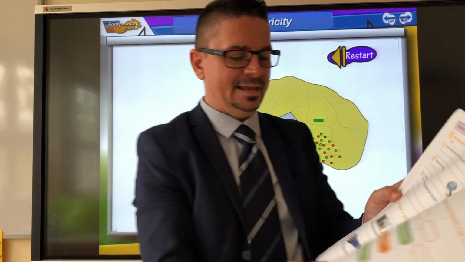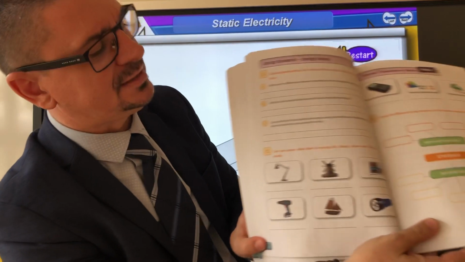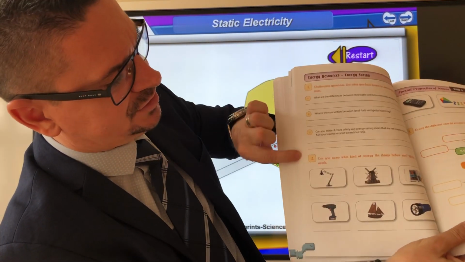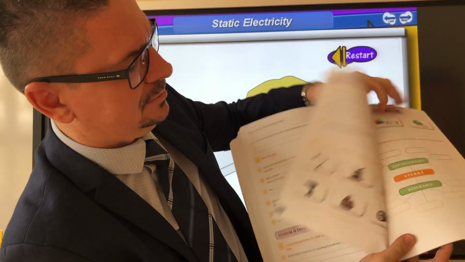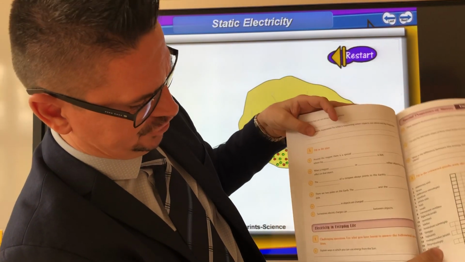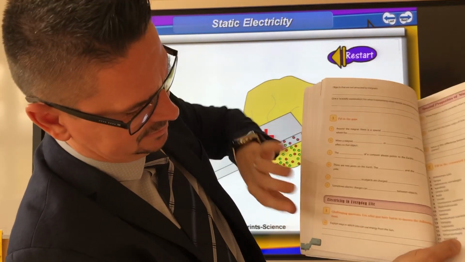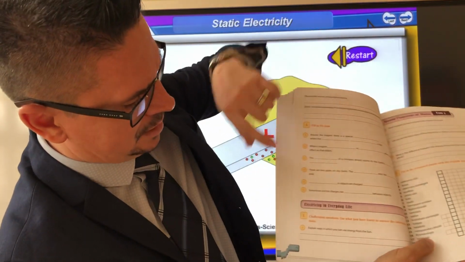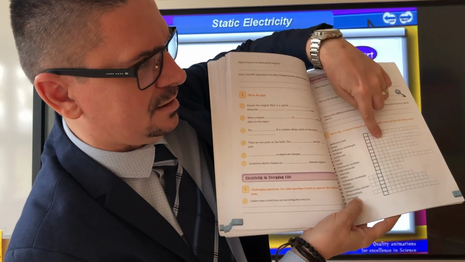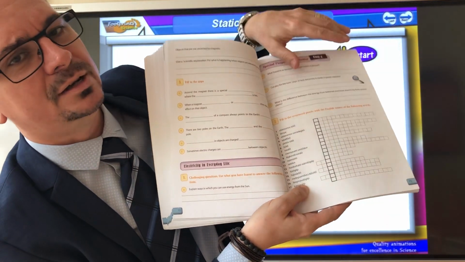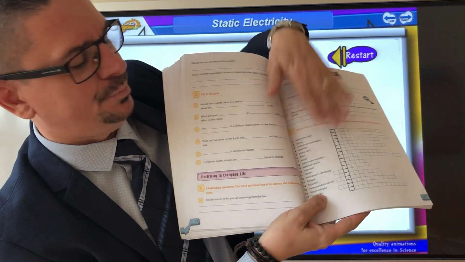Now, please start working in your workbook, page 74, task 2. And page 72 and 73, task 1 and 2. I think this was a homework task earlier, but if you didn't complete it, please do it now.